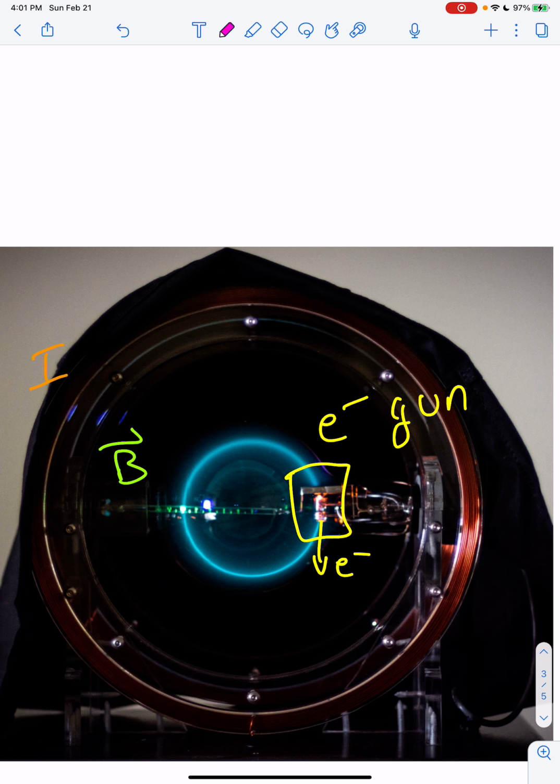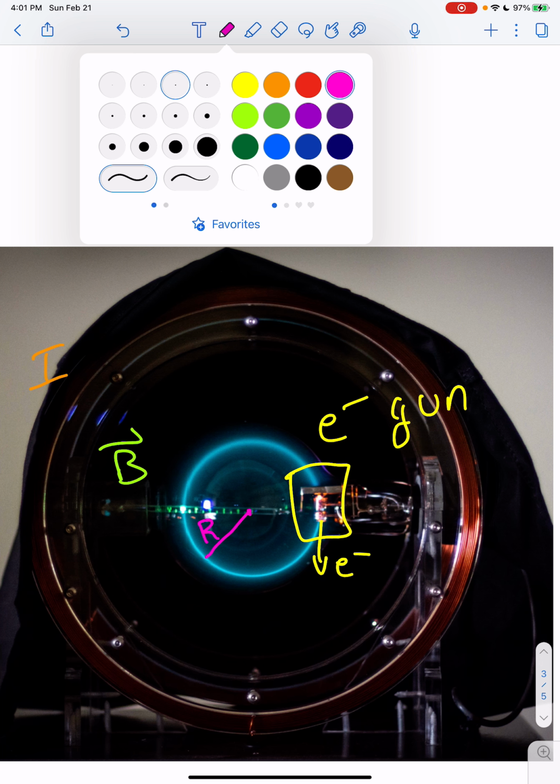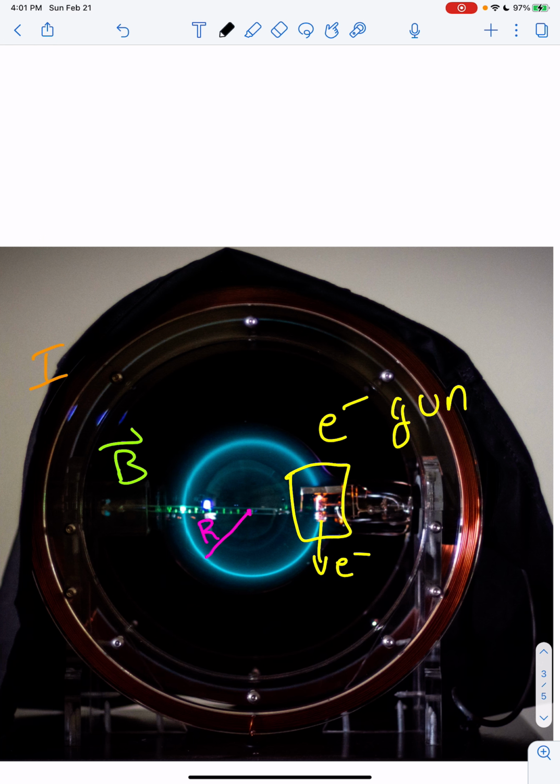Technically there's a scale in here for the diameter, but what we're thinking about here is this radius, which we can measure directly. The current is something that we can measure very directly because we're controlling that, and that produces the magnetic field.